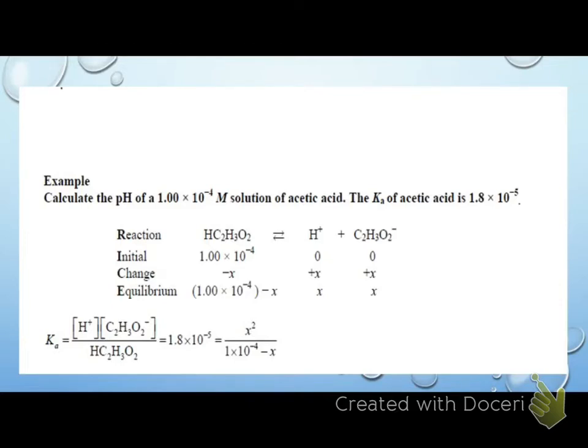It gives us our Ka value. Do your rice table, and this is what it should look like. Sometimes you will be able to neglect X, sometimes you will not, okay? But there's actually a fairly easy way to tell of when you can. So here we do all the change and equilibrium and we plug it in.